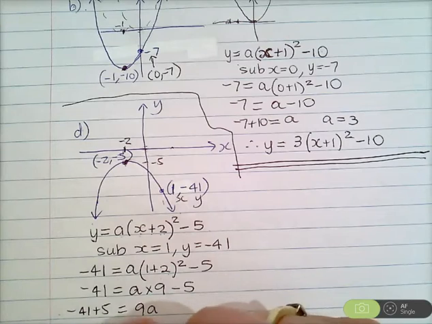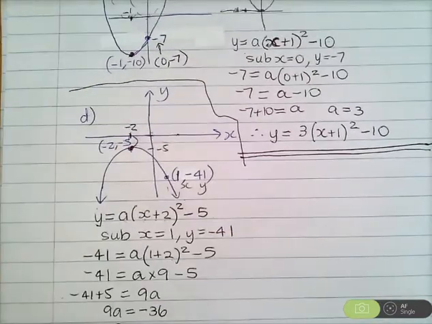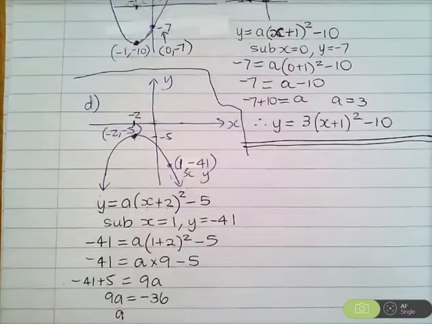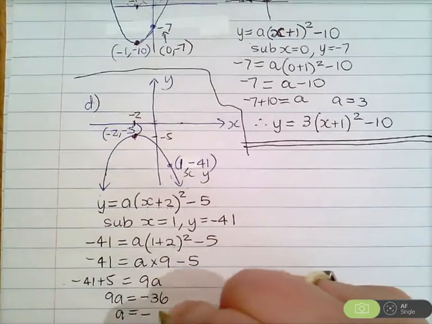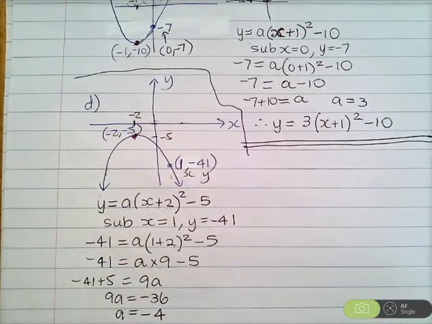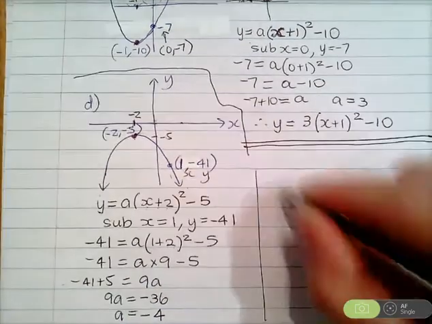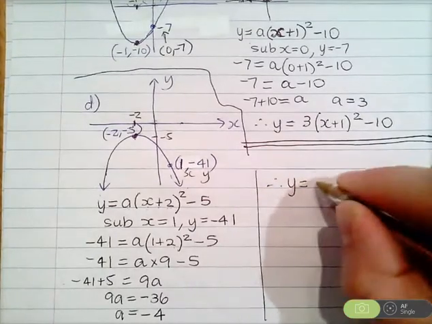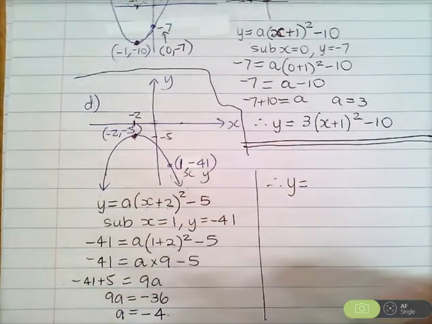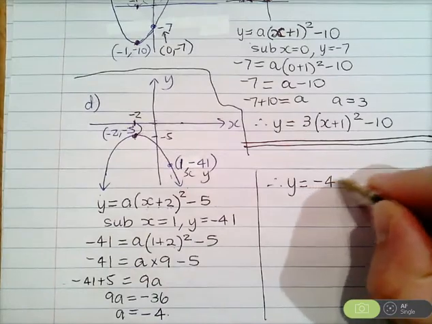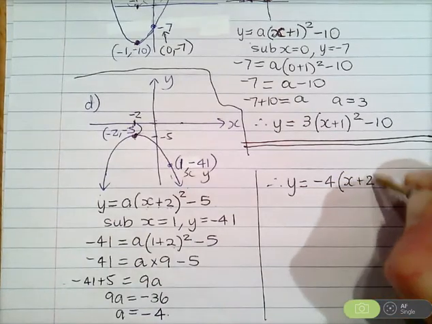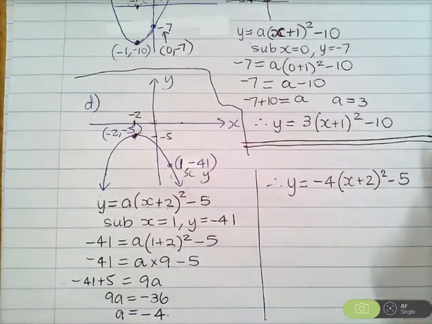So 9a is -36, and therefore a is -4. Substituting a equals -4 back in, your equation is y equals -4(x plus 2) squared minus 5.